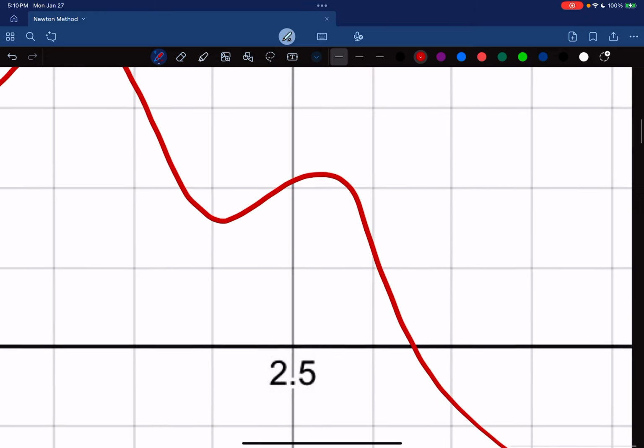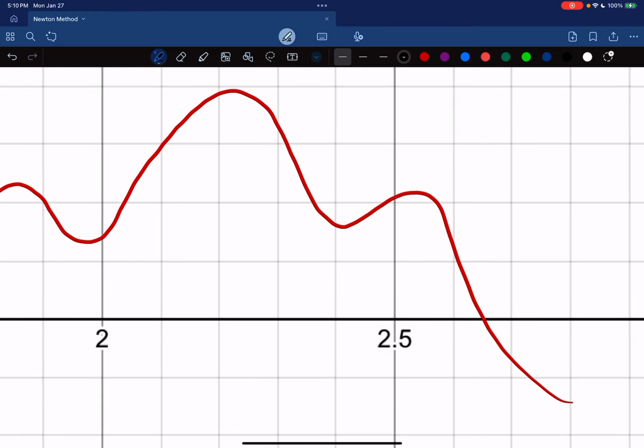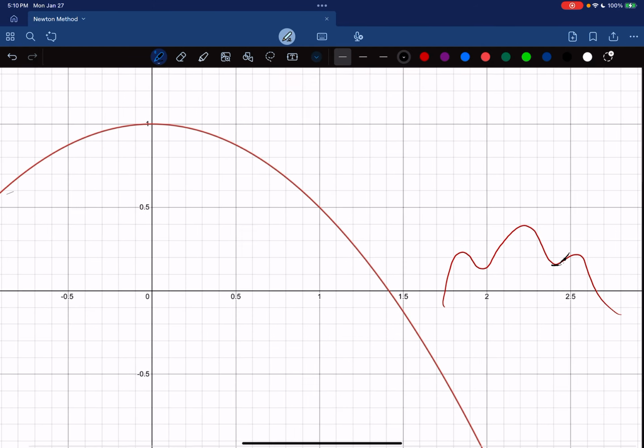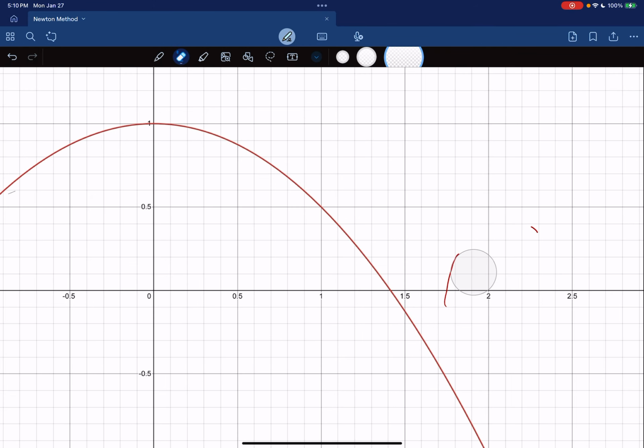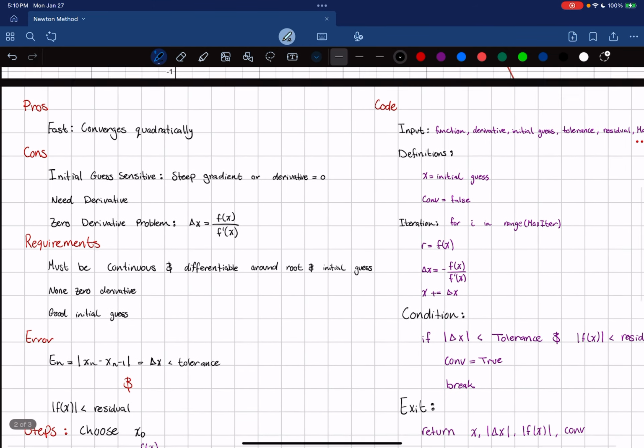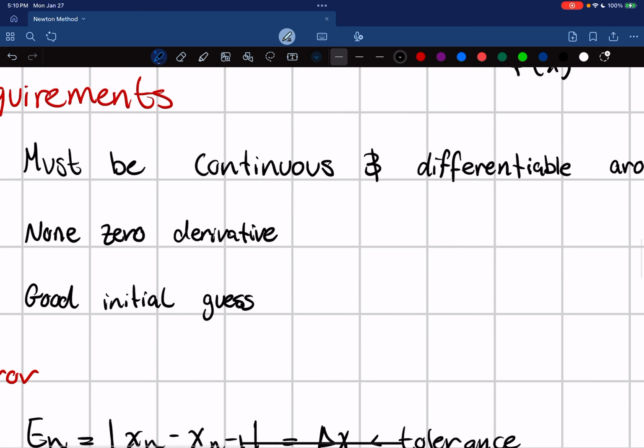Okay, so if you do choose something here, obviously this won't converge, because it will eventually go down here, and that's a 0 derivative. So that's another thing that you might run into. So you really need to know what you're choosing and keep all these aspects in mind. You can get a zero derivative even though your initial guess is not a zero derivative, but eventually it gets to one. So you got to make sure that doesn't happen.